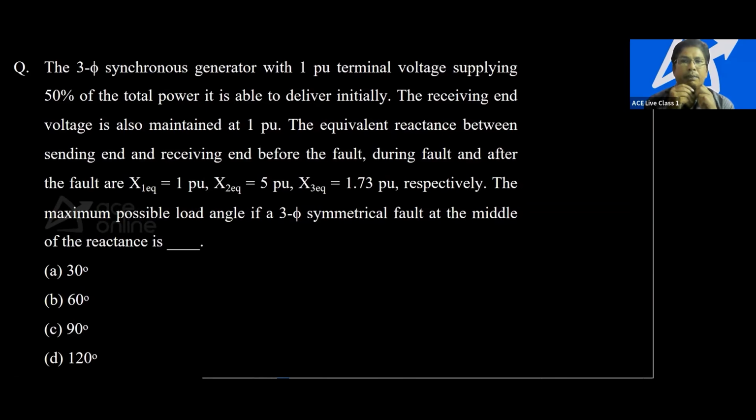The equivalent reactances between sending end and receiving end before the fault, during the fault, and after the fault are given as x1, x2 and x3 respectively. The maximum possible load angle if a three-phase symmetrical fault occurs at the middle of the reactance is asked.